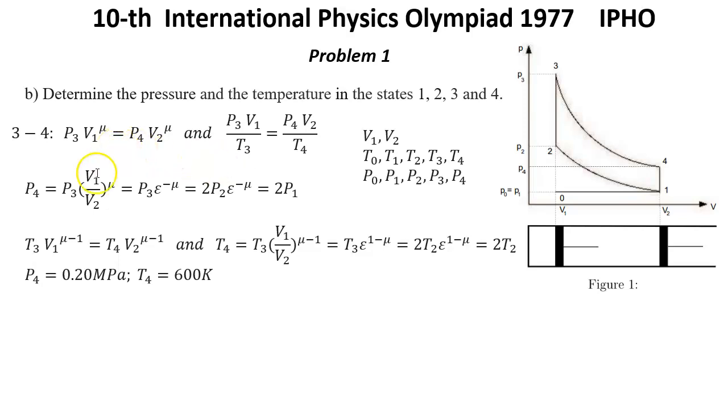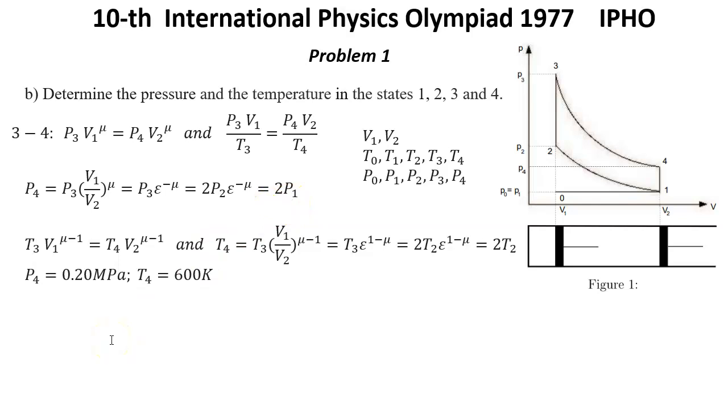From the first we have P4 equal this expression, which is P3 epsilon power negative gamma, and if we remember that P3 equal 2 P2, it means that finally P4 equal 2 P1.